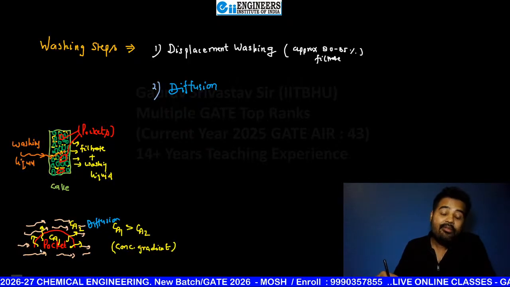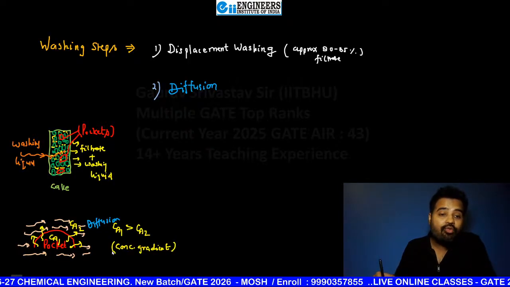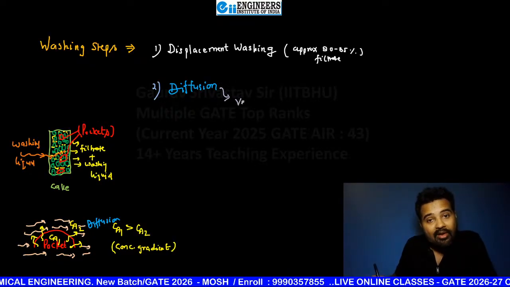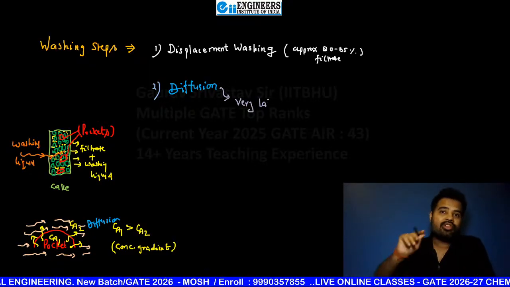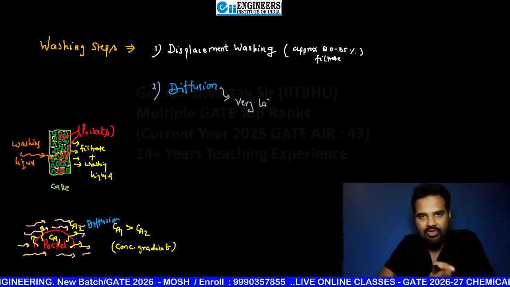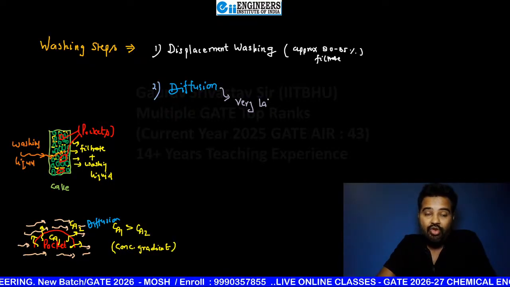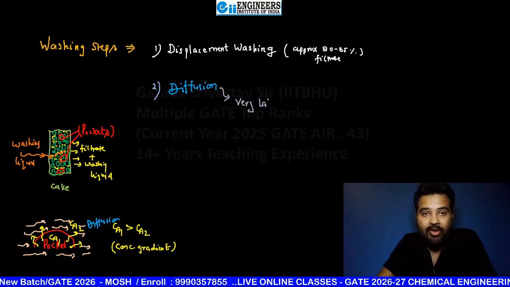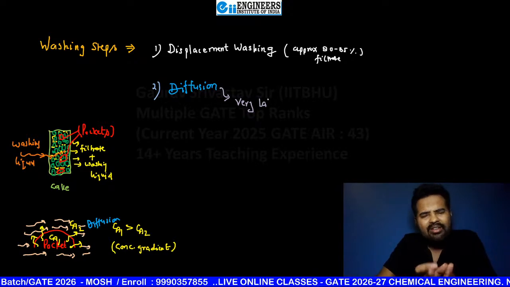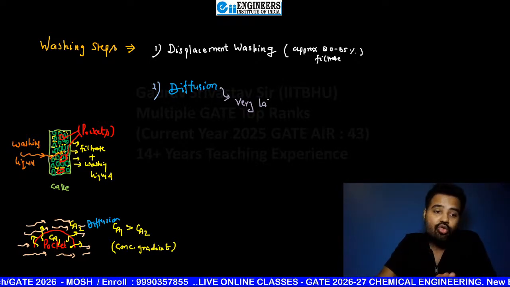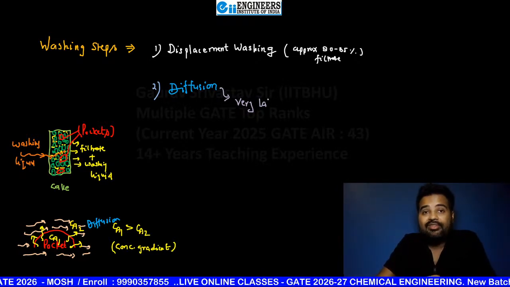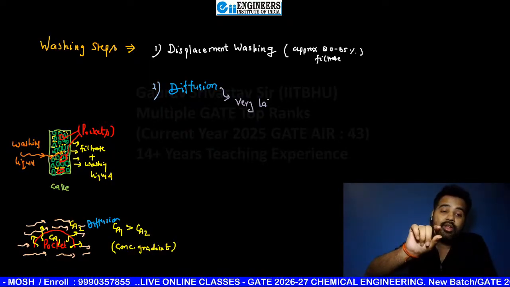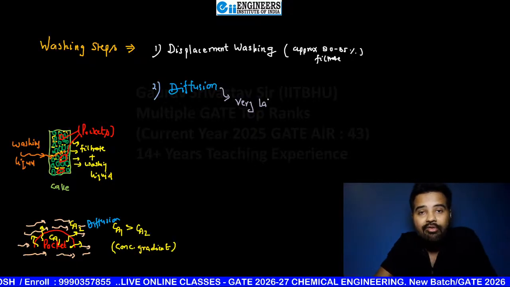And definitely if you compare the amount of water used in these two cases, beta, then for this step a very large amount is needed, because diffusion is a very slow process, which you will see in the mass transfer operation subject. Here simple molecular diffusion is occurring, and molecular diffusion is a very slow process. So the filtrate trapped in the pocket is going to travel through diffusion to the main stream of washing liquid very, very slowly.